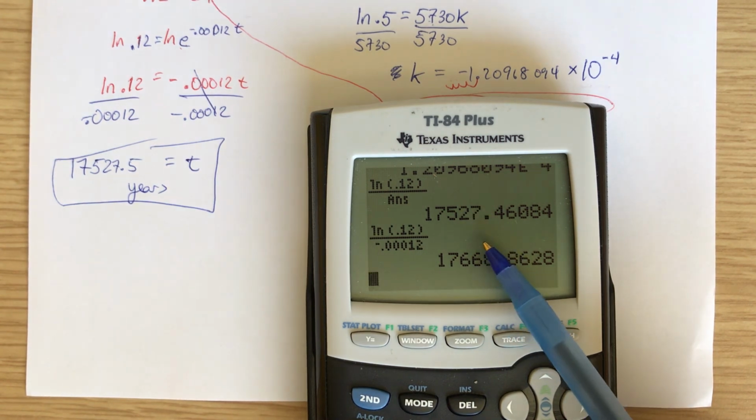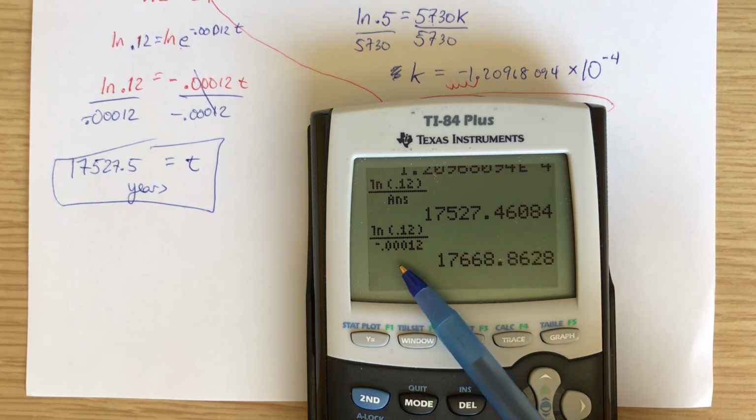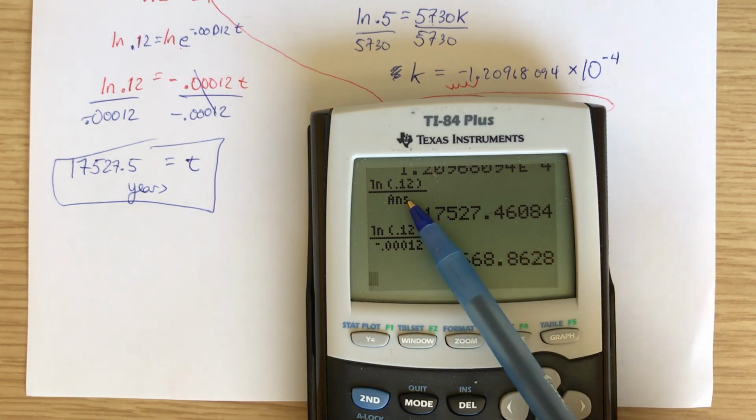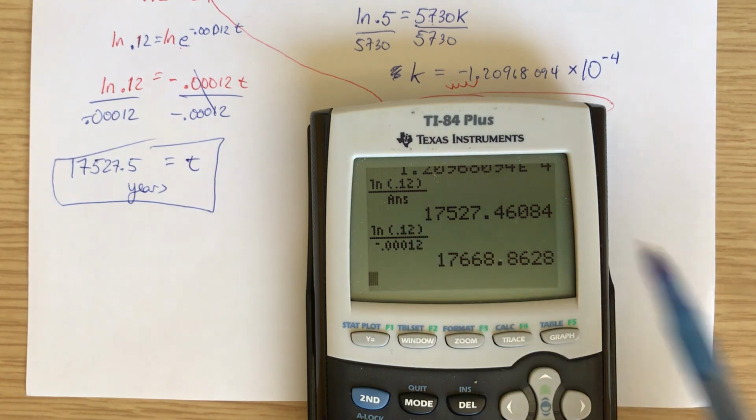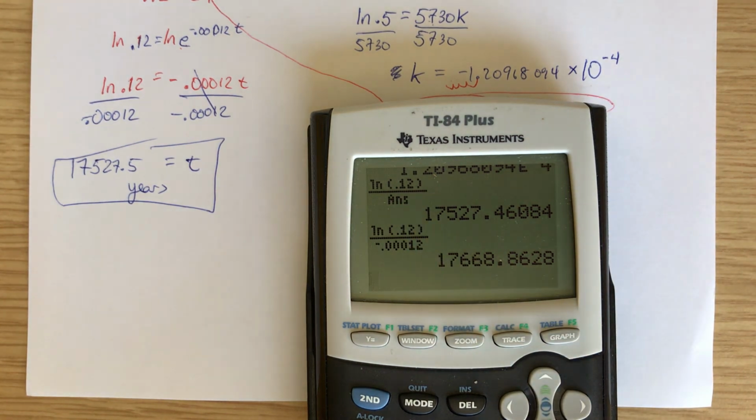That's a huge difference right there in the time period. So I don't have to type all of this because I can tell the calculator to use my previous answer, but I need to be very careful about my rounding. When I use a rounded number in a future calculation, I want to make sure I use the actual number. And that is the end of the notes.